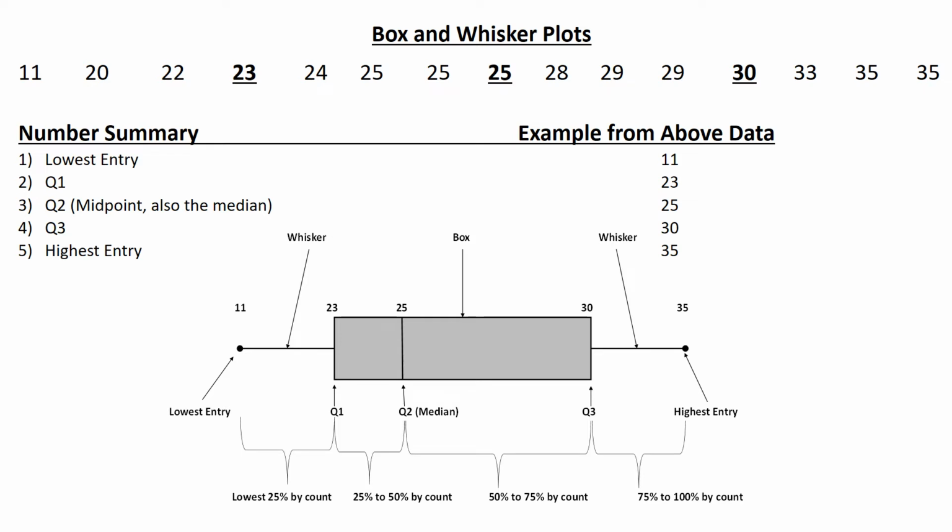It has to be developed to scale to see how the data is distributed. Q1 is the left side of the box, and Q3 is the right side of the box. Q2 is the median, the middle number. This is called a box and whisker plot, the whiskers being the lowest and highest ends, and the box being the interquartile range. This lets us know how the data is distributed.